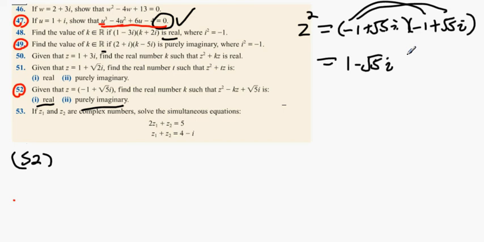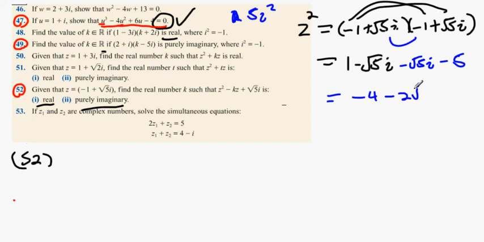And then it's root 5i times minus 1, which is minus root 5i. And then root 5i by root 5i is going to be 5i squared. 5i squared is minus 5. And then what we're going to get is minus 4 minus 2 root 5i.